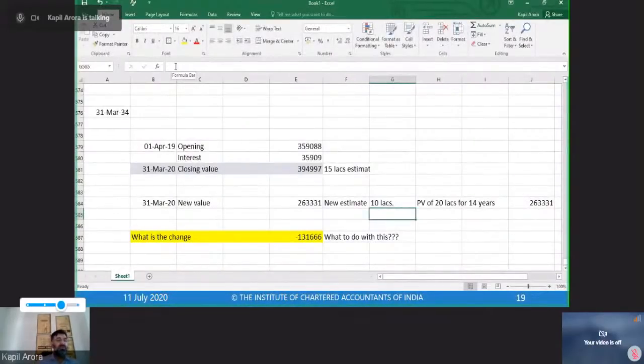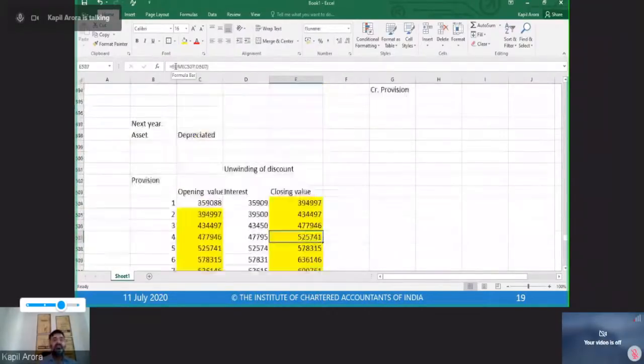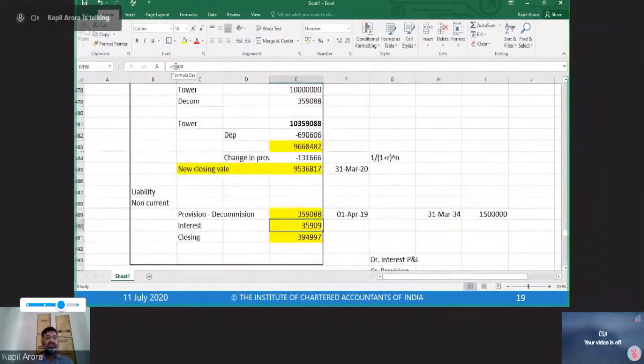It will come down to 2,63,000, half. And my change is negative 1,31,666. If it is negative, the asset value will be reduced. So whether it is increasing or decreasing, that increase or decrease will impact my asset value.